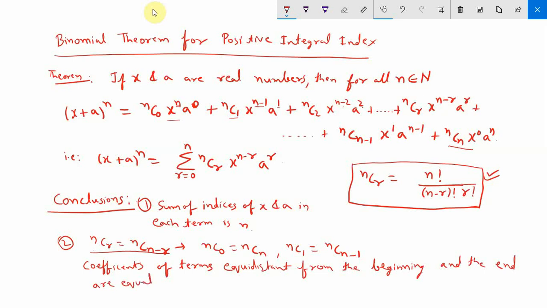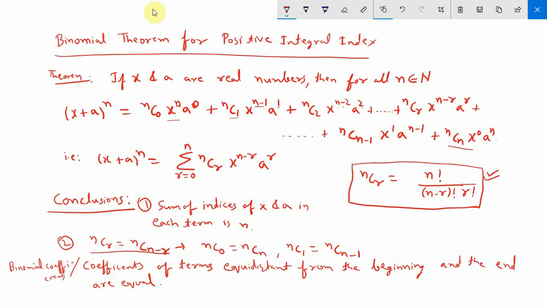These coefficients we also call binomial coefficients.